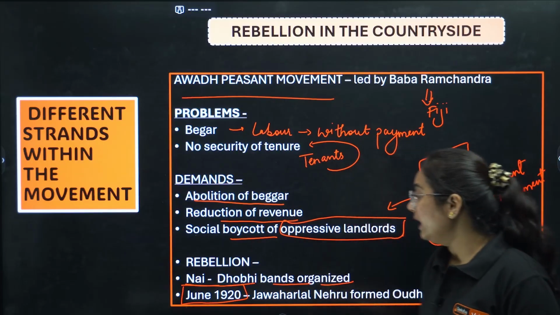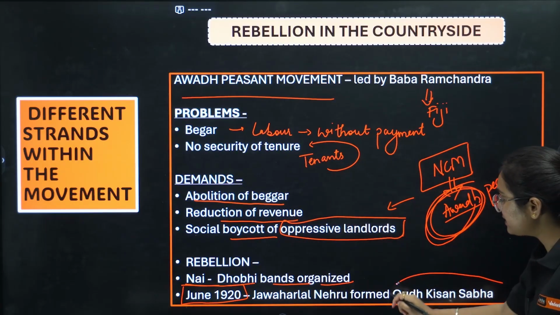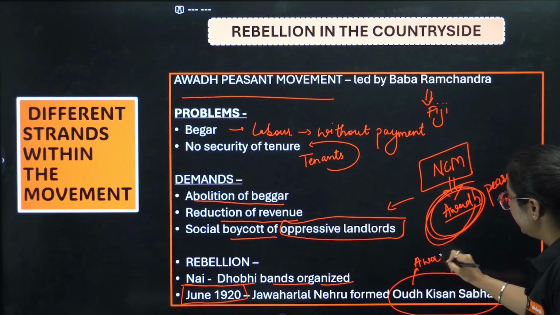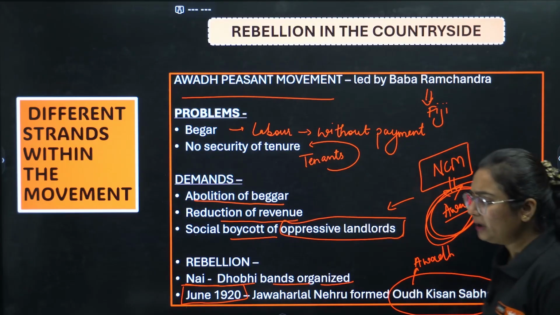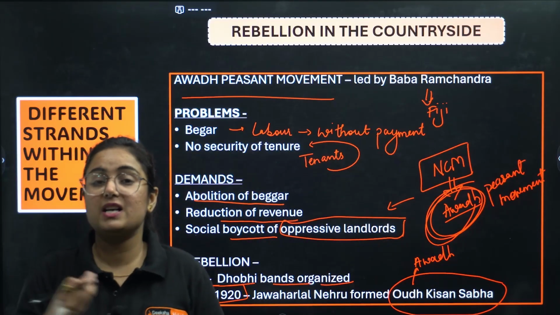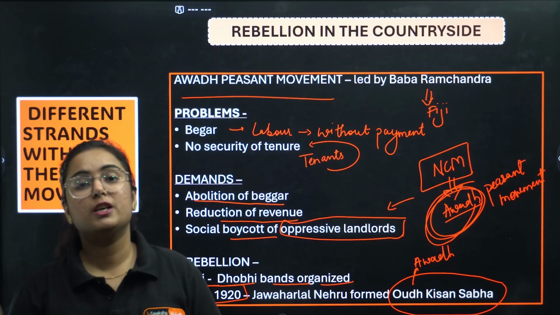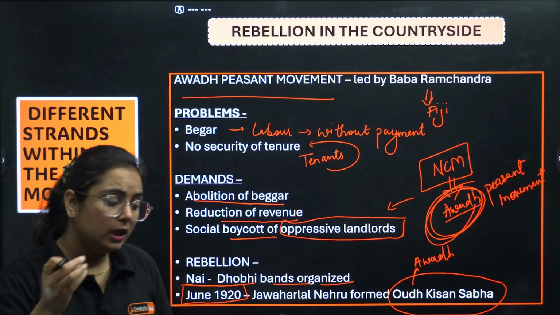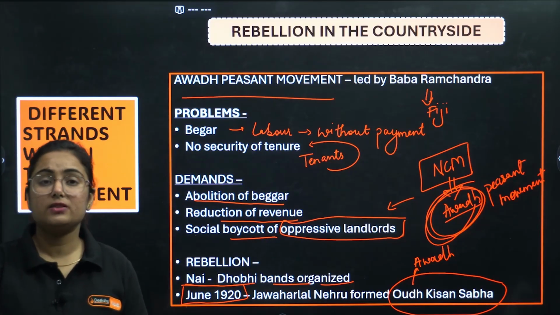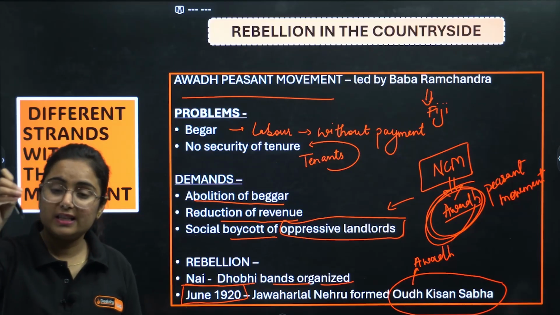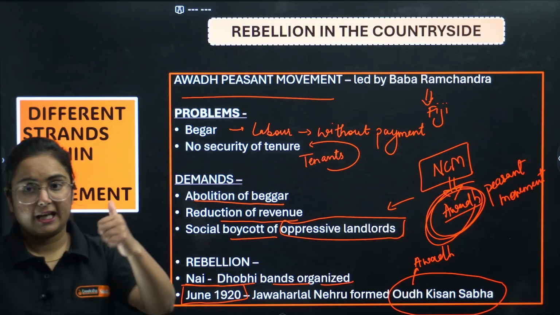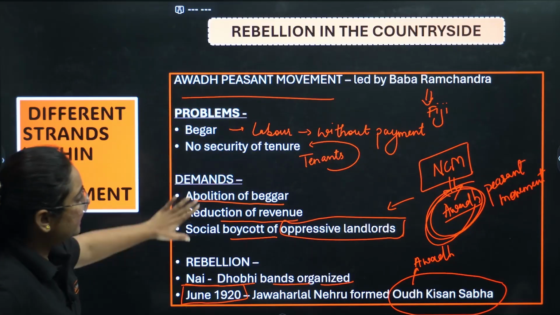So he formed the Awadh Kisan Sabha, and within some time, more than 300 sabhas were made in the nearby villages, just to highlight the issues of the villagers, to get them recognized and get them help, because the interest of the villagers is also very important for the Indian National Congress. Get my point? So this was the rebellion in the countryside.